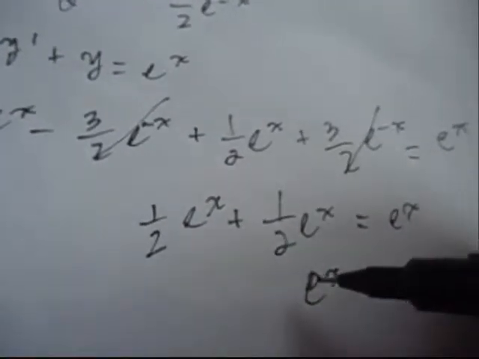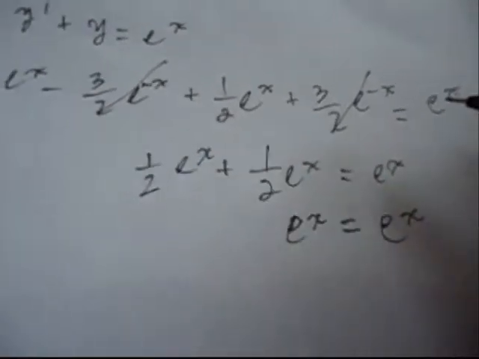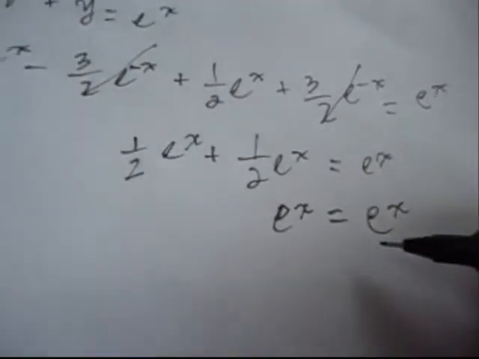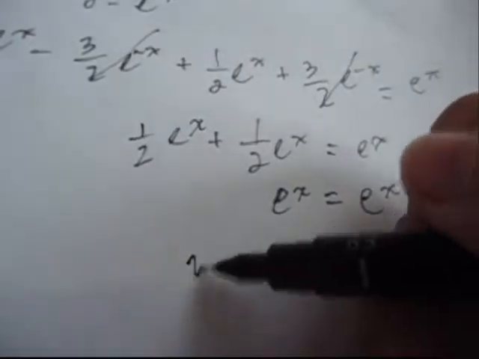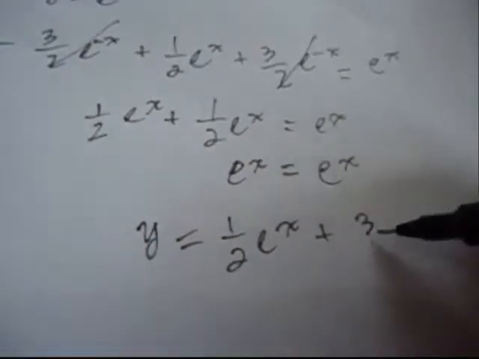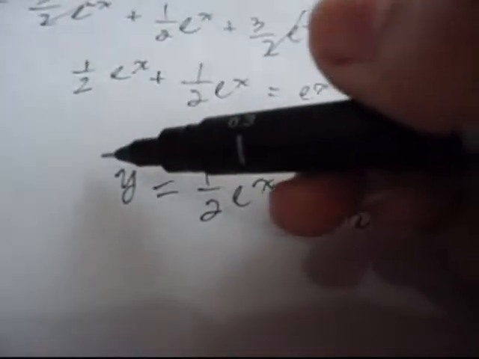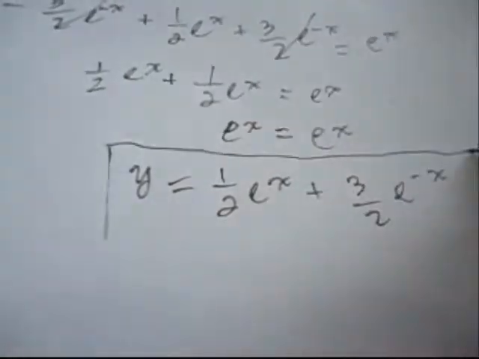So the left side of the equation becomes e to the power of x equals e to the power of x, which is correct. So our solution, y equals 1/2 e to the power of x plus 3/2 e to the power of negative x, holds true for our differential equation.